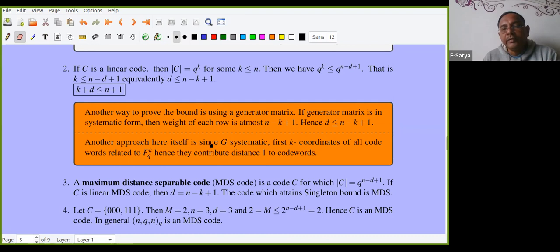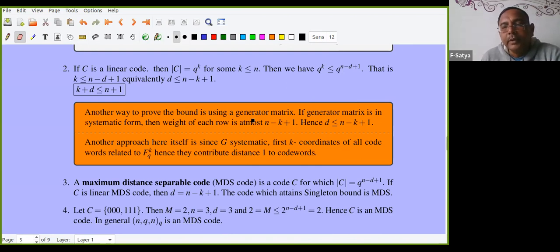Another approach: since G is systematic, the first k coordinates of all the codewords range over F_q power k, and they contribute distance 1 to those codewords. The remaining n minus k coordinates give a total distance less than or equal to n minus k plus 1. Your idea I put here, but it is a little complicated. This one comes directly from just the rows of G itself, whereas there we need to go through all the codewords, which is not required here. Anyhow, we discussed this yesterday.